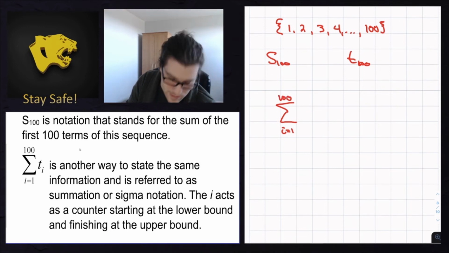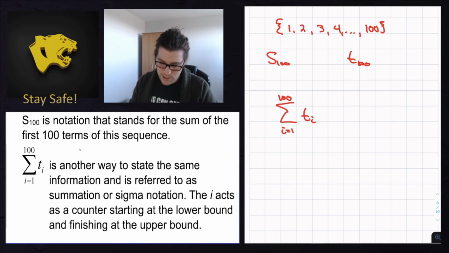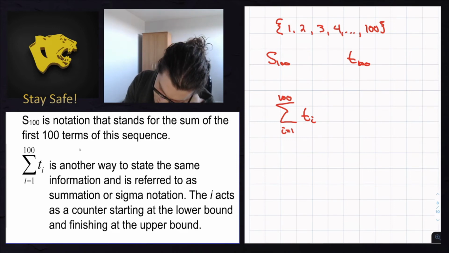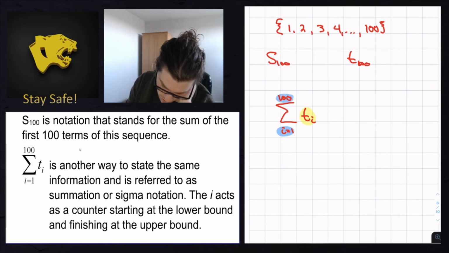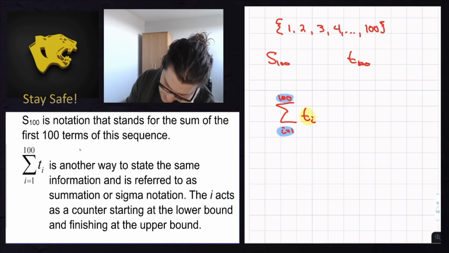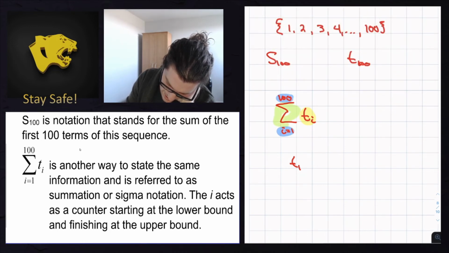of 100 of Ti. What sigma notation tells you to do is make a new inside for every number that you would go through on the outside. You start at the bottom number, which is a 1, and then it says write down the inside, and this notation means add.